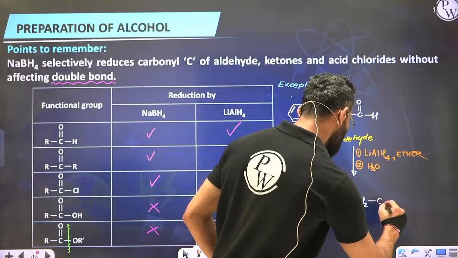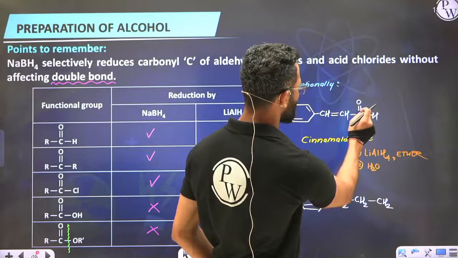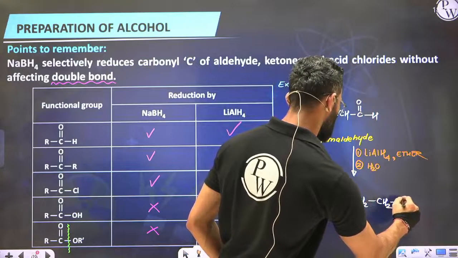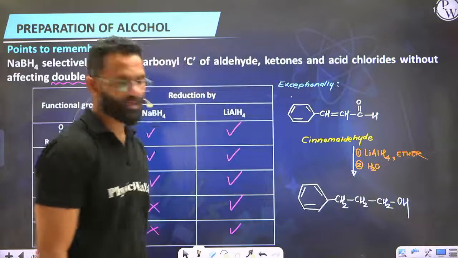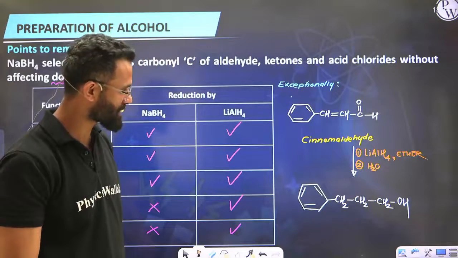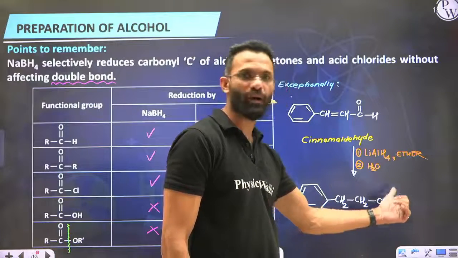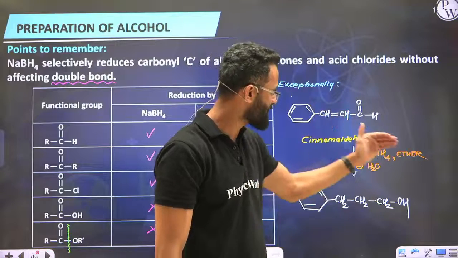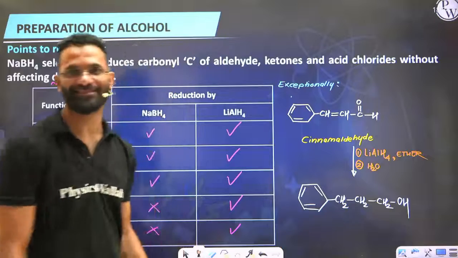This will be C, one H was already there, one more H came here, and the double bond became single bond with OH. So CH2OH. That is going to be your product, which is basically 3-phenylpropan-1-ol, obtained by reduction of cinnamaldehyde using lithium aluminum hydride in ether followed by action of water.